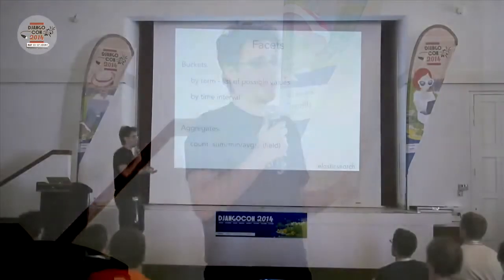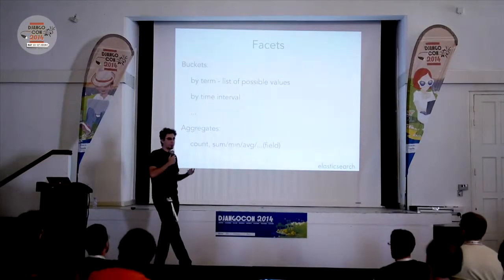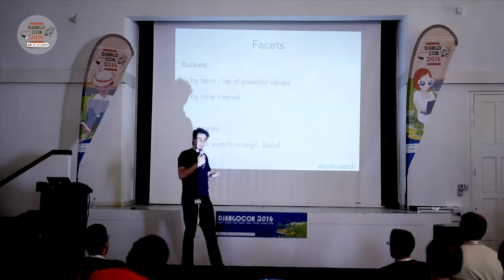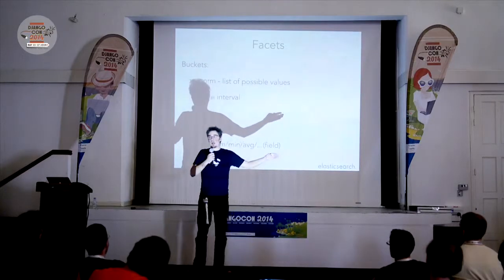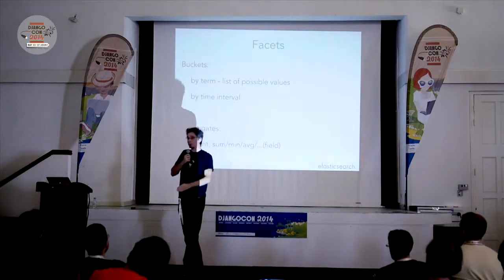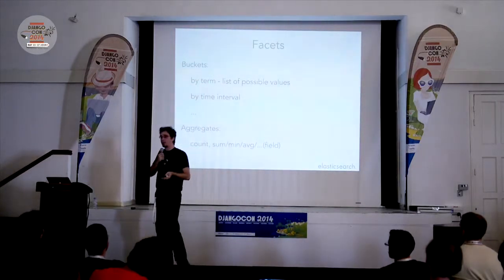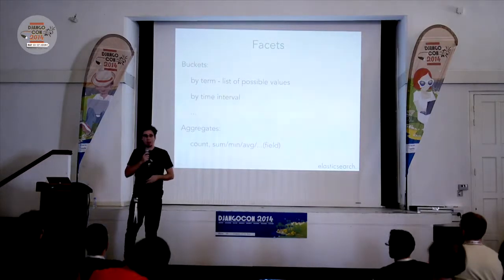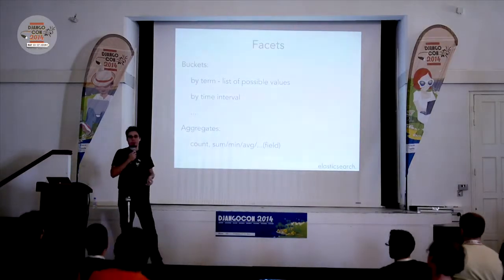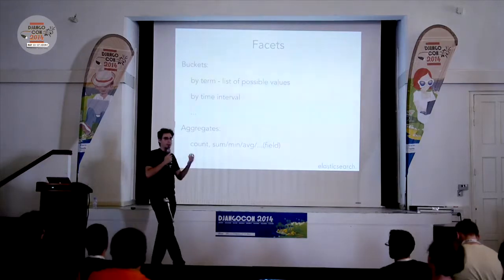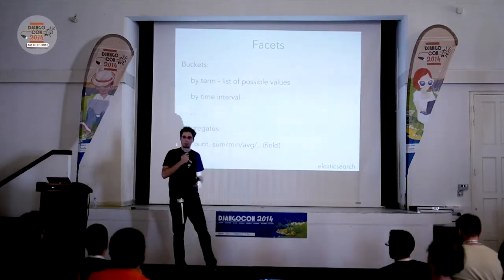So how does this actually work? The first piece is faceting. Faceting or aggregations basically has two parts. In the first part, we take the result set, so all the documents that matched, and we divide them into buckets. And we can define the bucket in whatever way our imagination and our technology allows us to do.